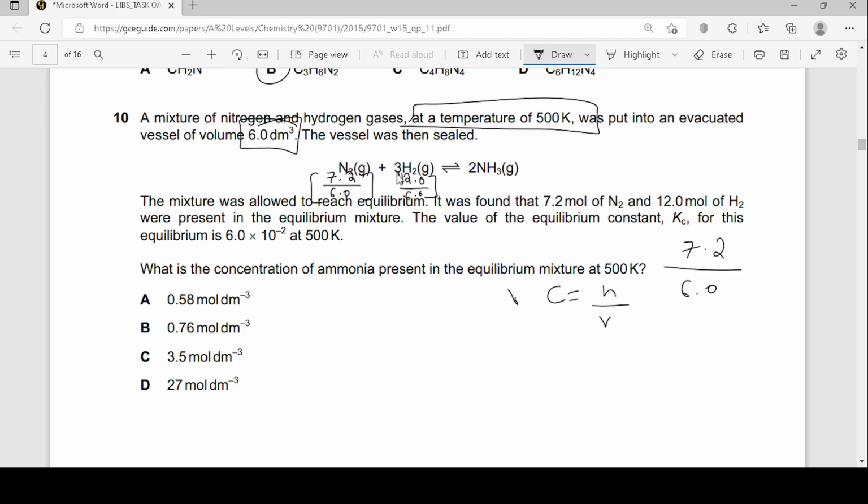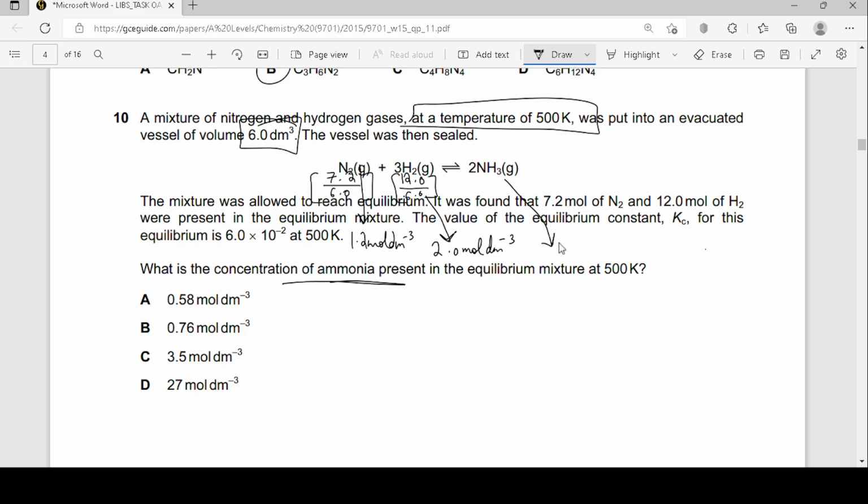Let me calculate those values. 7.2 divided by 6.0 is 1.2 moles per decimeter cube, and 12 divided by 6 is 2.0 moles per decimeter cube. And for NH3, I do not know the concentration. That's what they want me to find, so I'll just give it as X.